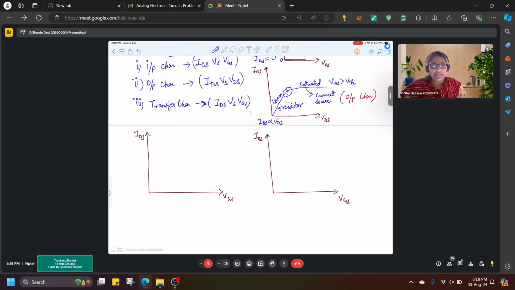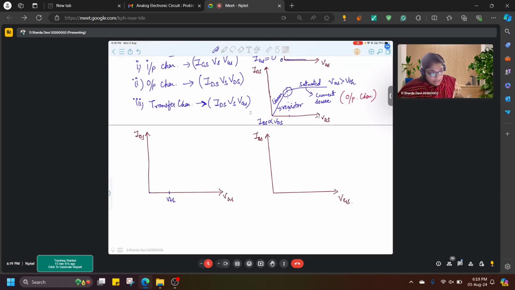We discussed this last time also, that you will need a certain amount of gate voltage for the formation of channels. Beyond that voltage, you will see the current flow. So, let's say we call that particular voltage where the channel is properly formed the threshold voltage or VTH.